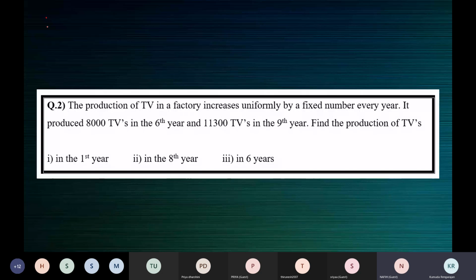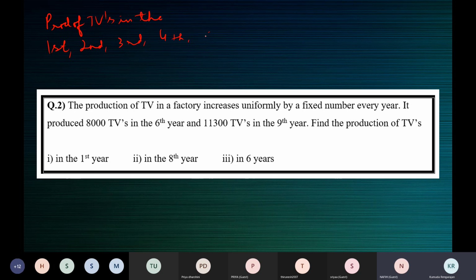So production of TVs in the 1st year is one term, the 2nd year is a term, the 3rd year is a term, the 4th year is a term, the 5th year is a term, and so on.